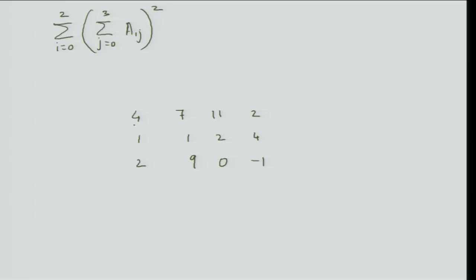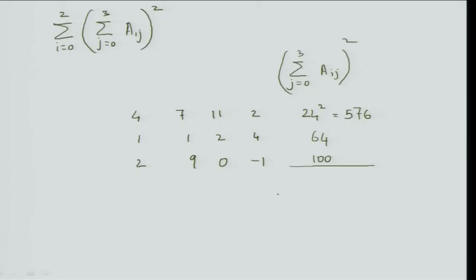First, we sum the numbers in each row. So I'll write that as j going from 0 to 3, a_ij, and then squared. If you sum all this, you see 24 squared, which is 576, and similarly this is 8 squared, which is 64, and this is 10 squared, which is 100.